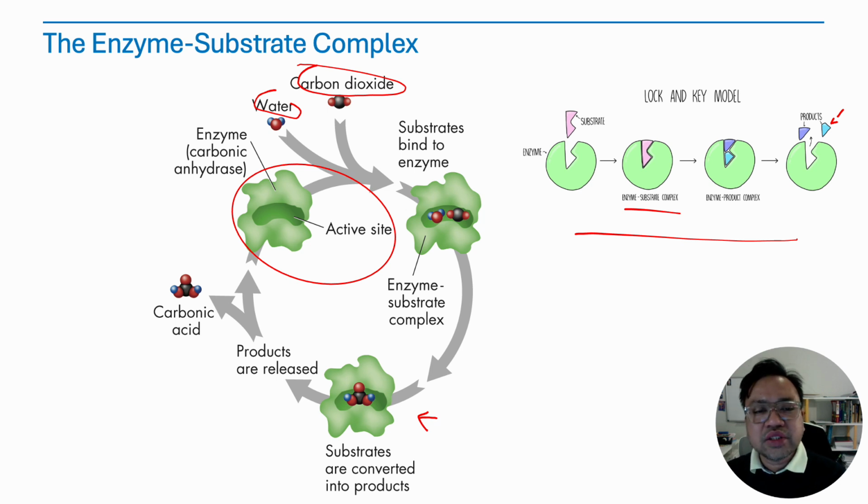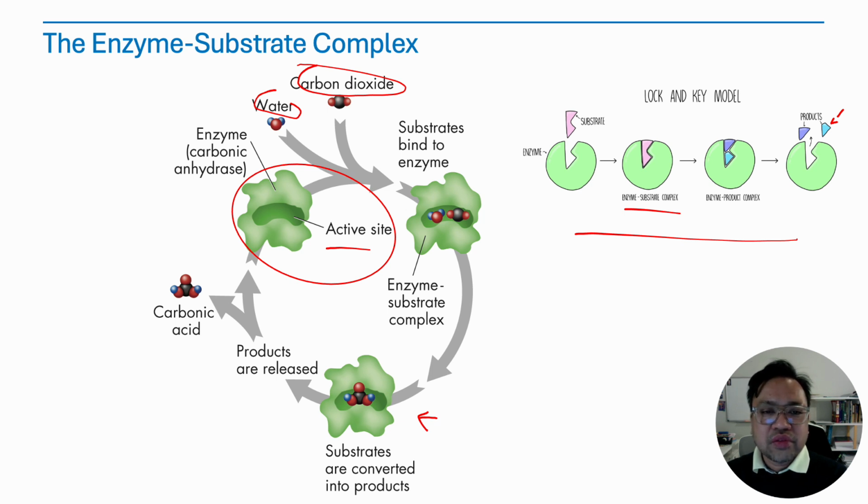Here are the key concepts. First, active site. It is the specific region where the substrate binds. The enzyme substrate complex, second, is a temporary structure formed during the reaction. Third, product formation. Substrates are transformed into products.